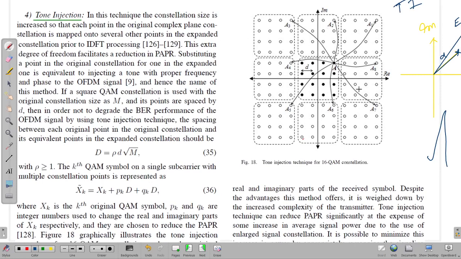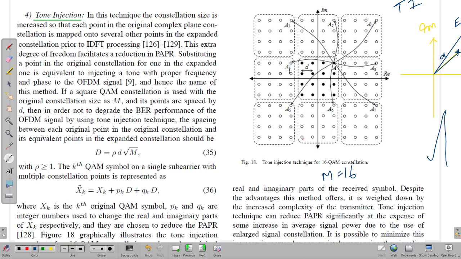In general, if you have a constellation with size M, here M is equal to 16, and its points are spaced by a distance d, where d is the minimum distance between any two points in the constellation, then when you extend the original 16 QAM constellation onto different points on a higher order constellation, you should be careful that the points on the higher order constellation have a distance of at least d between the symbols.